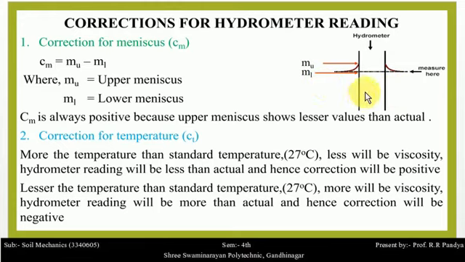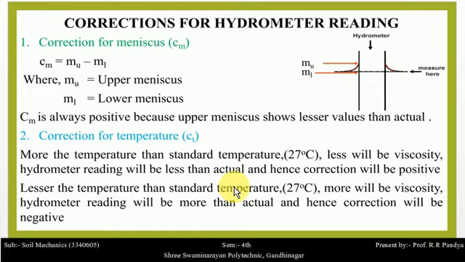Simple. The difference between these will give a correct reading, so that correction of meniscus will be mu minus ml. Here the correction for meniscus is always positive because the upper meniscus shows a lesser value than actual.